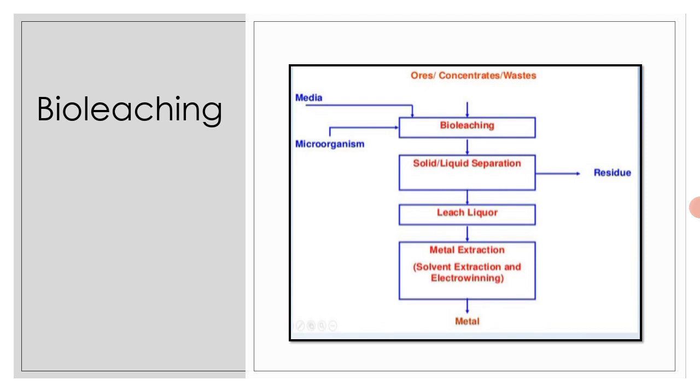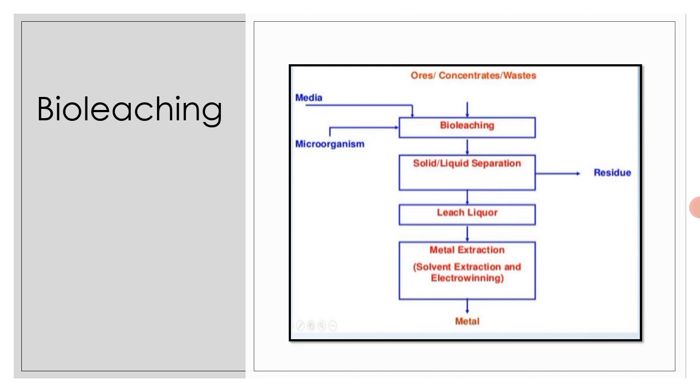The Thiobacillus species in the media will oxidize the ore, and from that we will be able to extract the liquid. So after the bioleaching process, we will have the liquid separated from the residual solids or the unwanted residue.